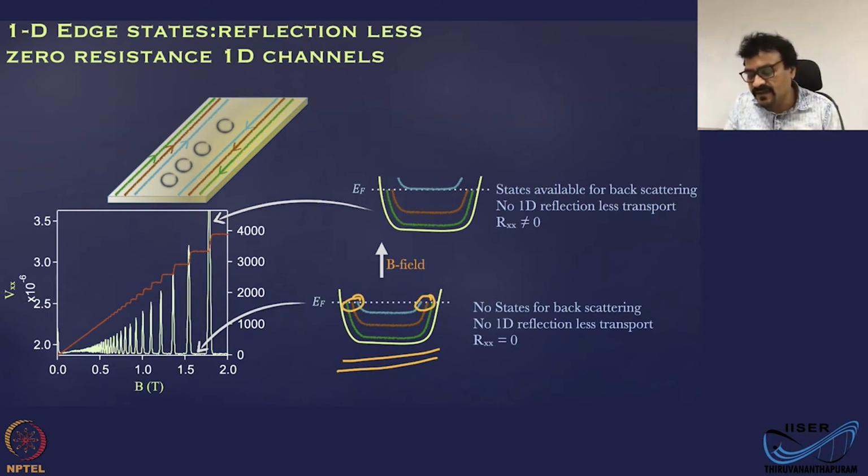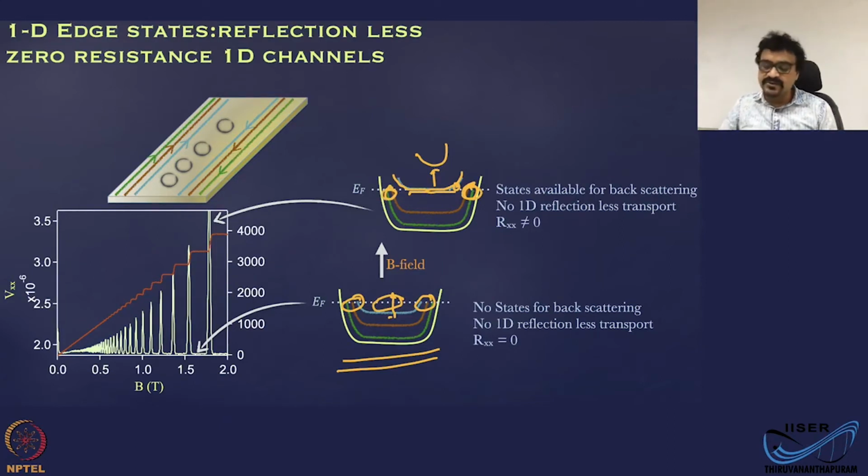Then you increase the B field. When you increase the B field, you push the level up, across and out of the Fermi level. During this process you will have a situation like this, and later this will go out. So this state has gone up and reached the Fermi level, but then this edge is gone out of the Fermi level. There are two edges present here, three edges present there, but no states in the bulk. But here there are states in the bulk, but no states at the edges.